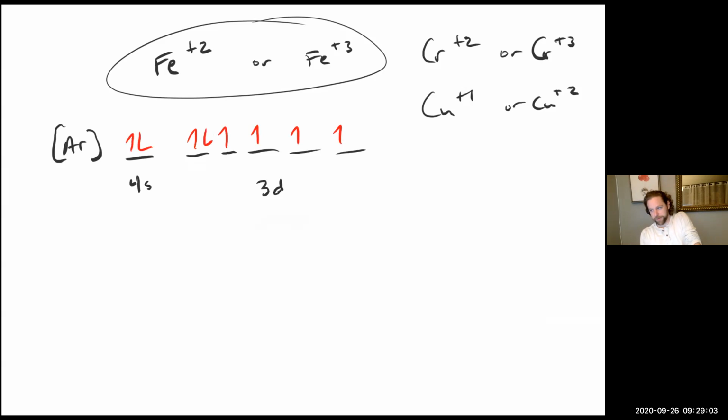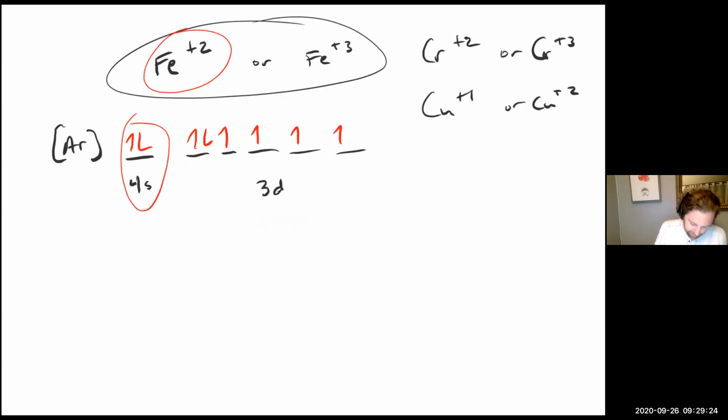Here's iron, and it has those 6 electrons in the d orbital. Now, if it ionizes, it's not really going to lose just 1 electron. It could lose 2. And where do those 2 come from? So to get to this +2 state, we can say these 2 electrons leave.